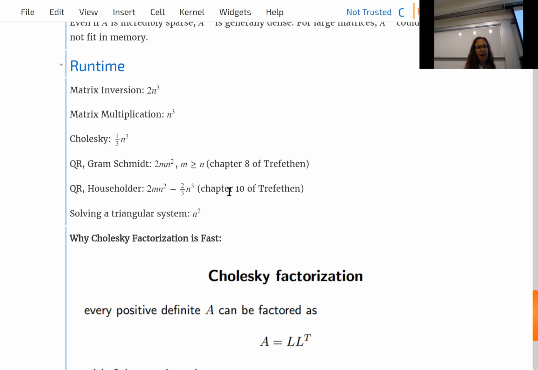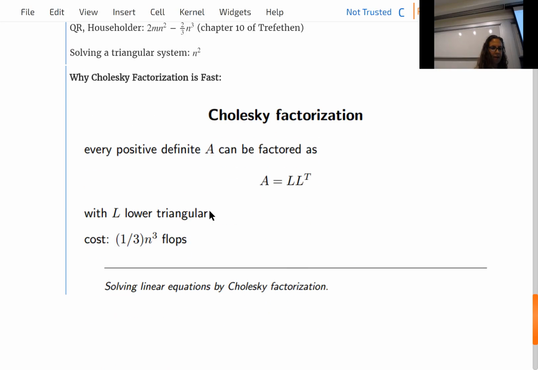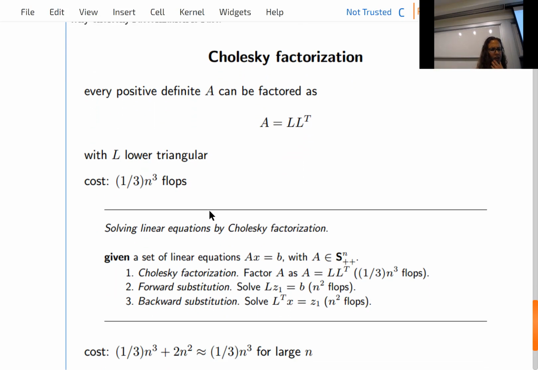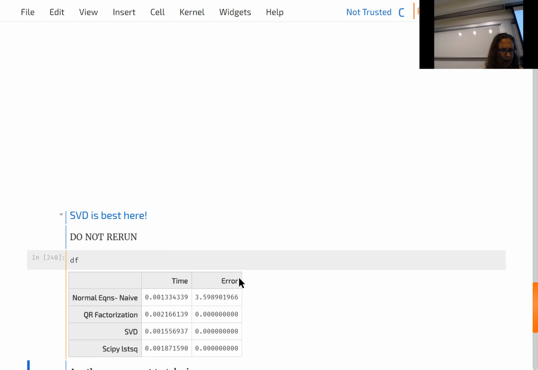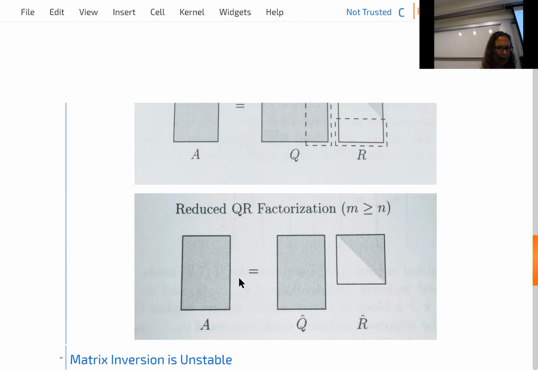Something else to highlight is that matrix multiplication is n cubed, and solving a triangular system is n squared. If you'll remember, this goes through with the Cholesky factorization.